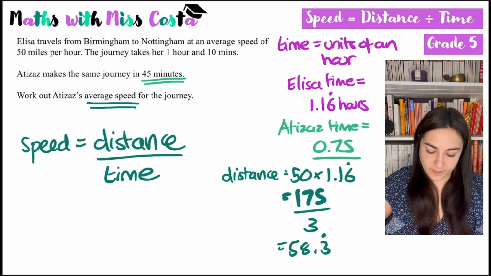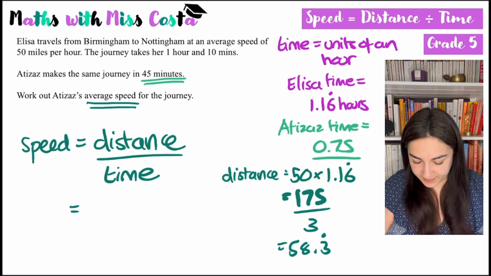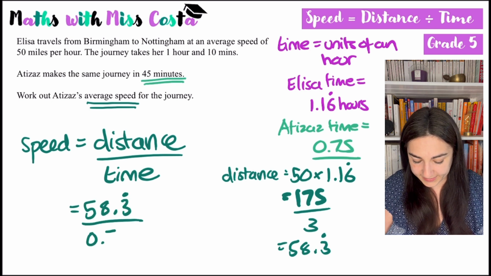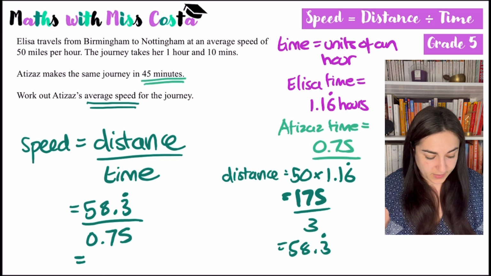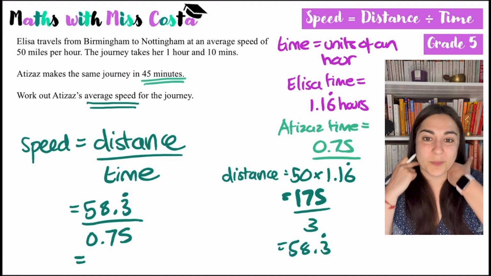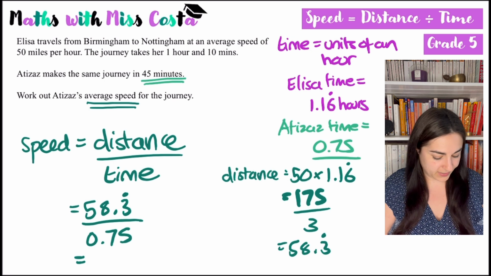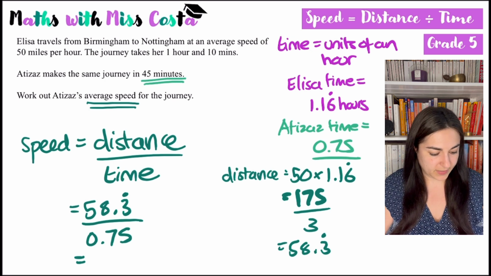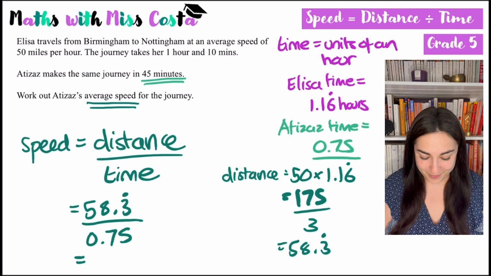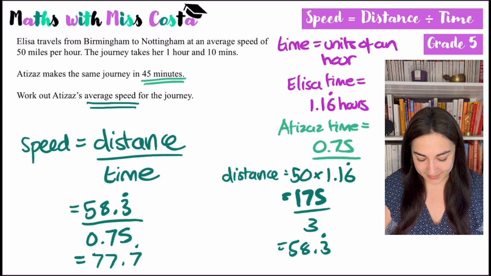So I know that Atazaz's average speed is going to be the distance, 58.3 recurring, divided by 0.75. In the non-calculator, you'll be given much nicer numbers. So 58.3 recurring divided by 0.75 gives me 77.7 recurring miles per hour.